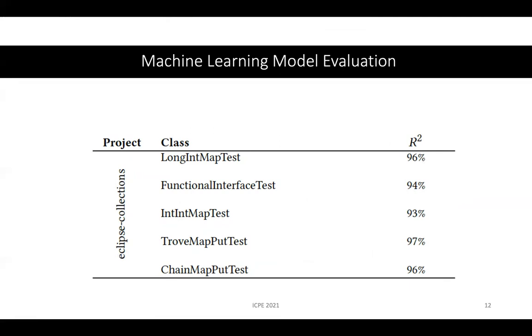R square is a statistical measure that represents the proportion of the variance for the dependent variable, which is here in our example the performance value, that is explained by the independent variables, which are the features that we presented in the previous slides. As you can see, for all of the classes we have a high accuracy model. So we can use this machine learning model for predicting the performance value for untested parameters.